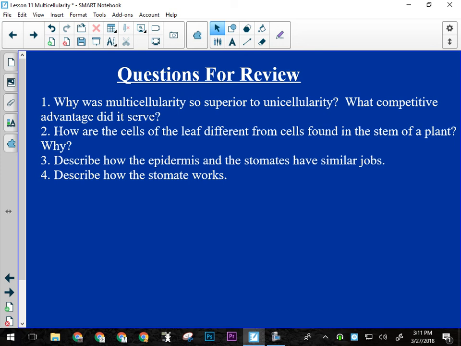Right, yeah, a single-celled organism has to be a jack of all trades, but a master of none, whereas a multicellular organism can have specialists. It has groups of cells for doing this job, groups of cells for doing this job. That makes them more efficient. Being more efficient means you can get bigger because you use your energy and your resources better.